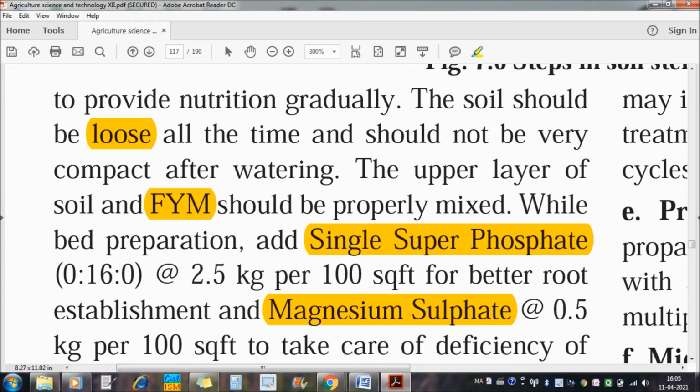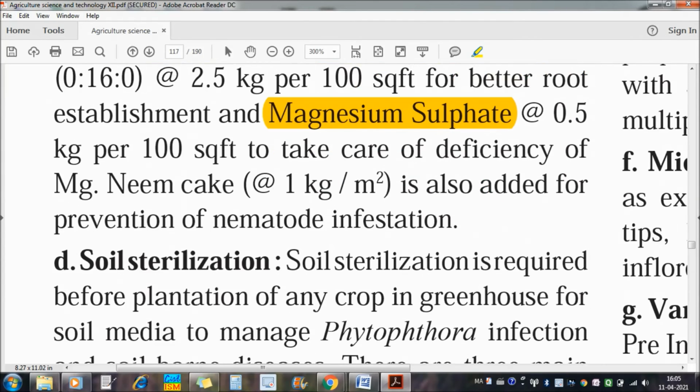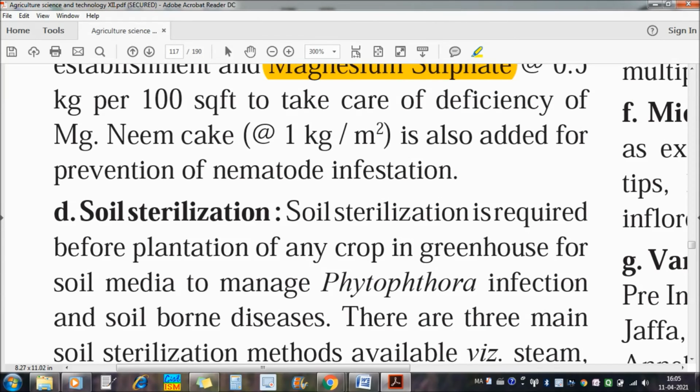Magnesium sulfate can also be applied, 0.5 kg per 100 square feet area. And if there is a deficiency of magnesium, we can also apply neem cake. This neem cake is very important to control nematode infestation in the soil.